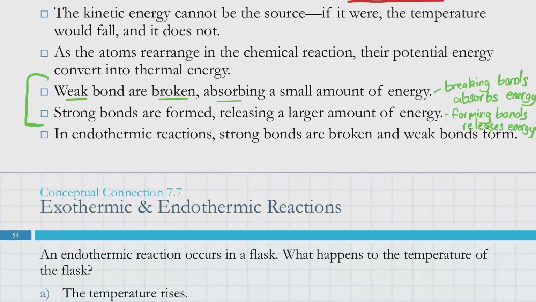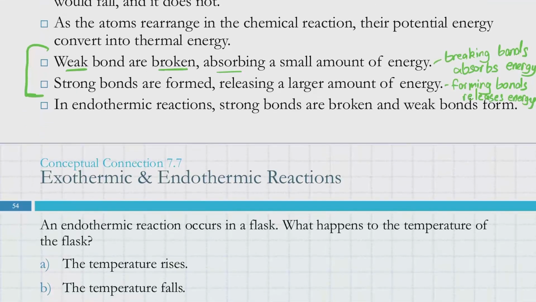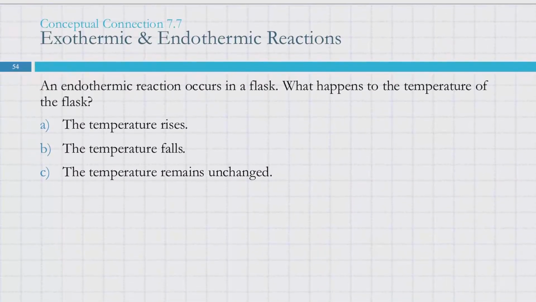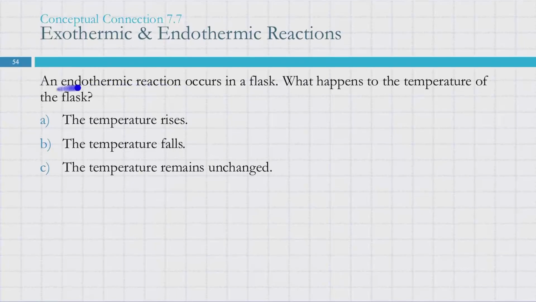So that's for an exothermic reaction. In an endothermic reaction, strong bonds are broken, you put in a lot of energy. Weak bonds form, you release a small amount of energy. Let's say that we have an endothermic reaction that occurs in a flask. What happens to the temperature of the flask? Does it rise? Does it fall? Does the temperature remain unchanged? Where's heat flowing, out or in?